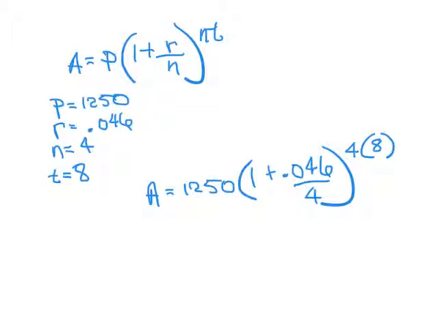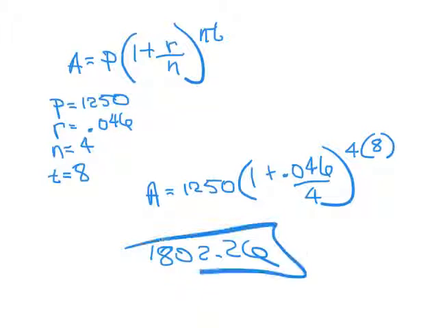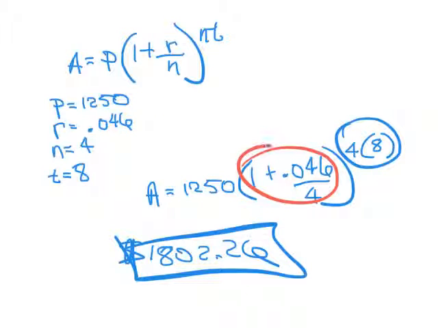And if you go ahead and do the math there, you'll find out that you have $1,802.26. Okay, so that's just using a calculator, just doing the math. Having an exponent of 32, add these two together to the 32 power, and then multiply that times 1250, and you will get the right answer. So that is it for review section 2.